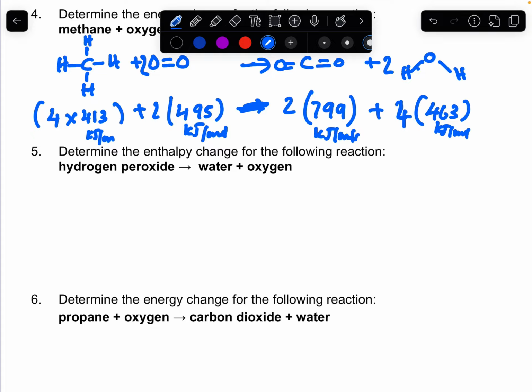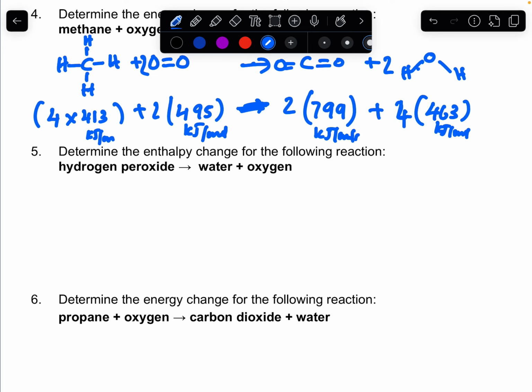Okay, then we have to start a parenthesis. Then plus 4 times 463. Okay, close the parenthesis, close the parenthesis.